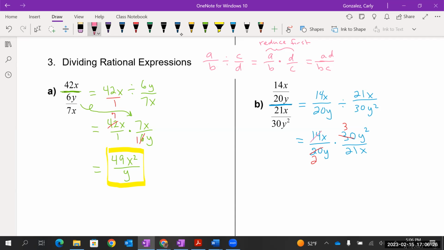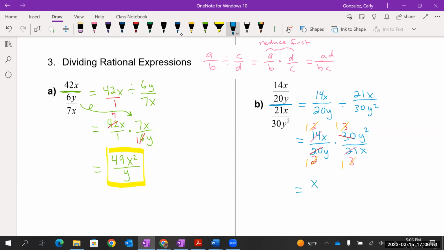So 14 divided by 7 is 2, and 21 divided by 7 is 3. And now we can see that the 2's can both be divided by 2, so the 2's cancel out, as well as the 3's. So now I will go ahead and just write what we have so far.